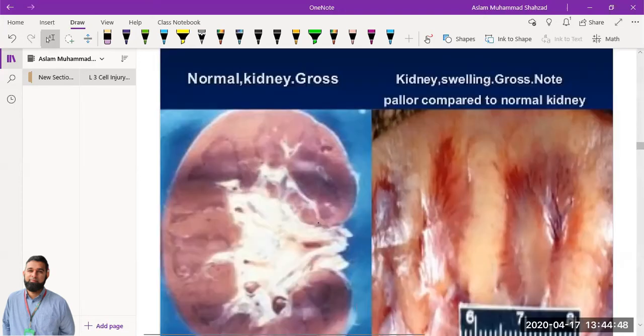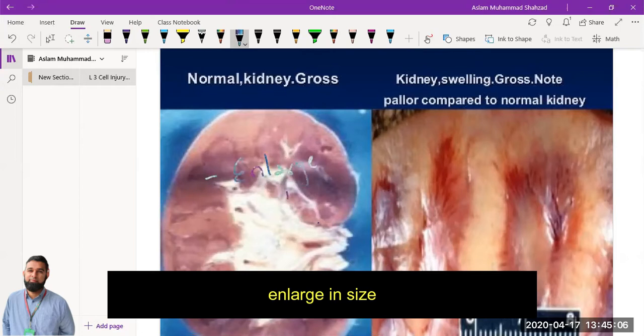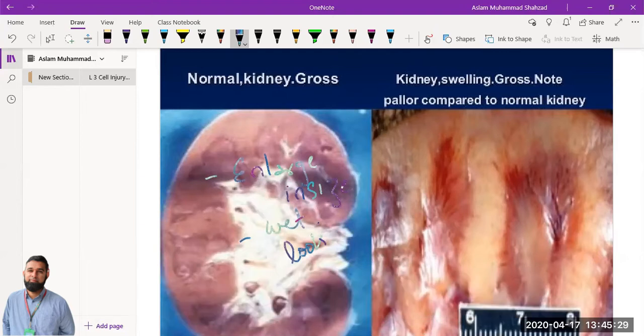When we take a look at the cross section of the kidney, we find the kidney is enlarged in size. Then we have the wet look, and if you compare this picture with the normal kidney, it shows you that the size of the kidney has become bigger than the normal kidney size.